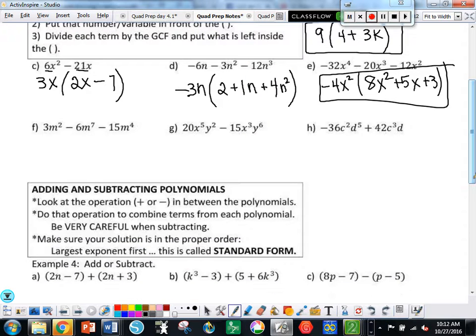All right, part F. Try it. What comes out of part F? What happens when the entire thing comes out?